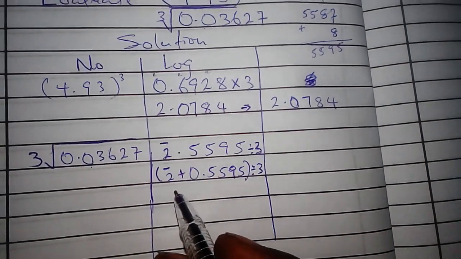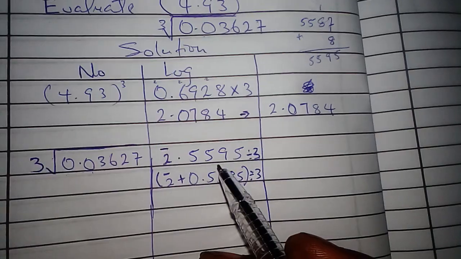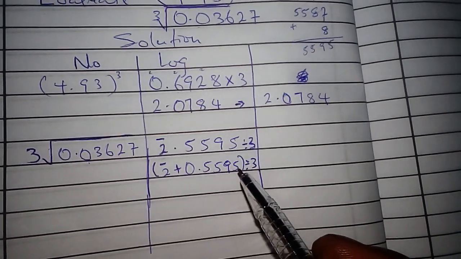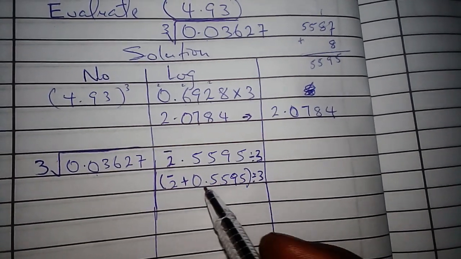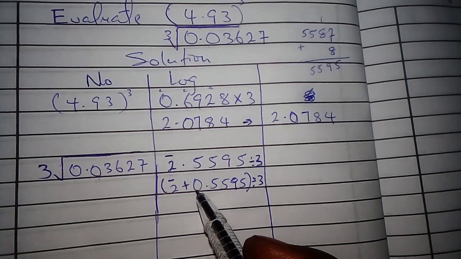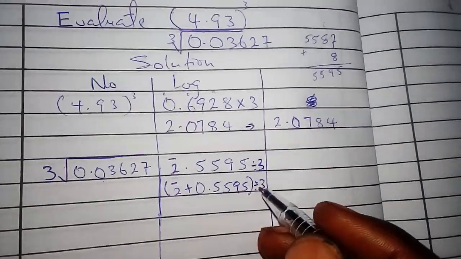So you see that even though you plus this, it will still give you this. So here, if you plus this one and this one, it will still give you this. Because here is a whole number, here is also a negative whole number. So now, let's go.